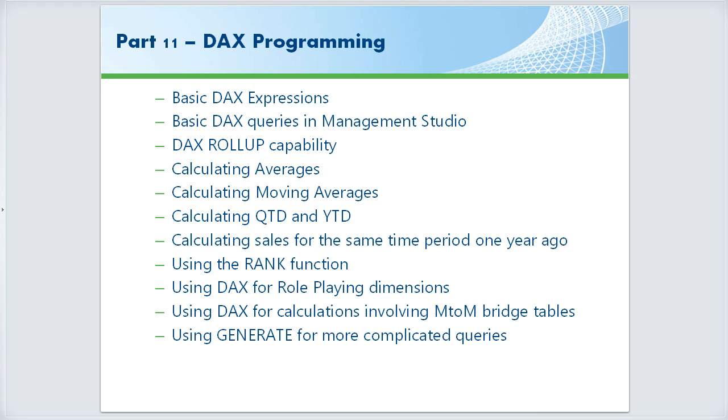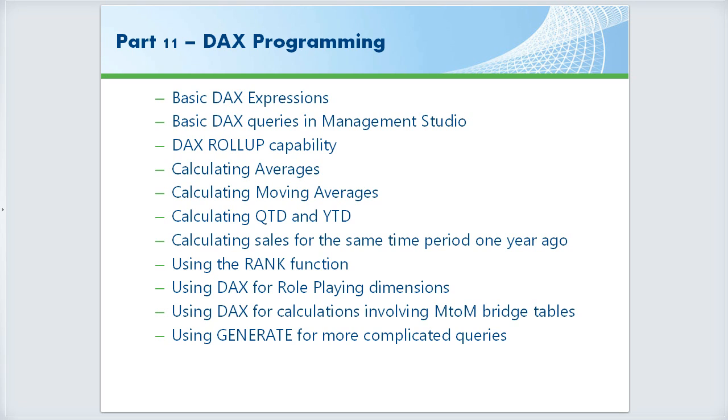Well, 2 such examples are implementing what are called role-playing dimensions and calculations involving many-to-many bridge tables. Those are things where there's built-in functionality in the full-blown version of Analysis Services that doesn't quite exist in the tabular model, at least not the way that we would like. Well, the good news is that we can address some of those shortcomings with some custom DAX code.